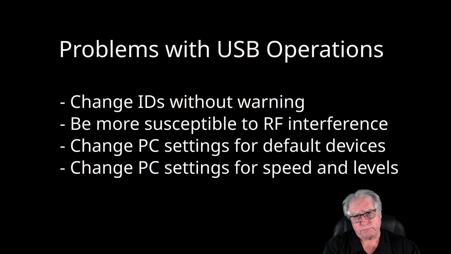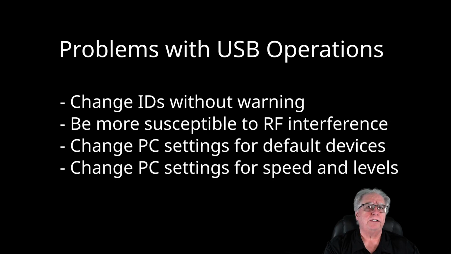Now, the problems with USB are kind of debilitating sometimes. A USB device will change its ID without really warning you, and that can cause real problems, especially when we're going to be using USB sound devices and USB COM ports and other things as we deal with digital communication.